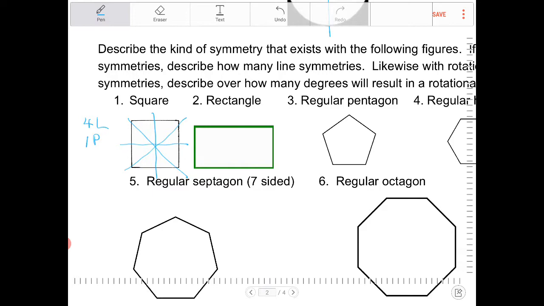And what's the magnitude of rotational symmetry? That would be 90 degrees. Okay. There are 2 lines of symmetry, and there's 1 point symmetry. And this would be 180 degrees.